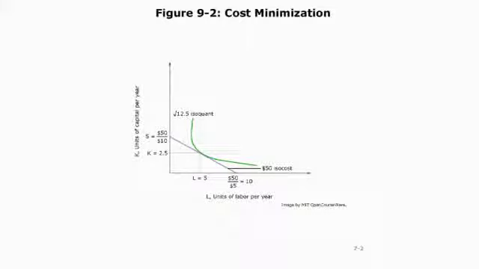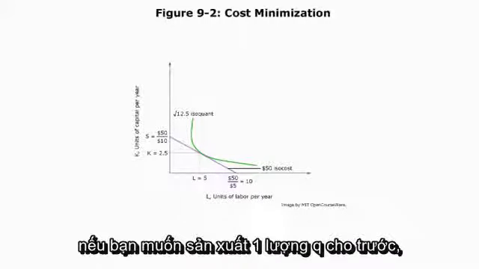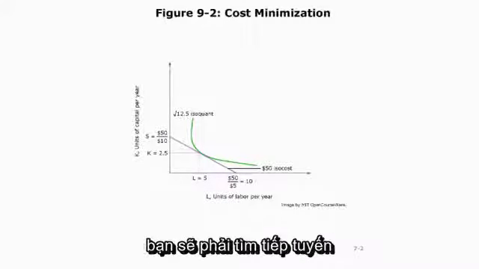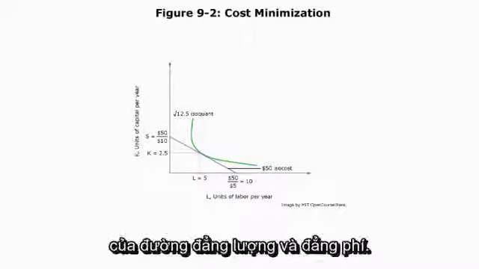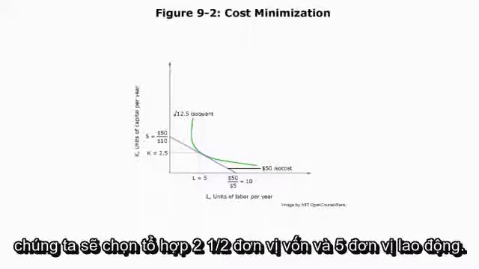If you want to produce a fixed amount of Q, you look for the tangency of that isoquant with the isocost, and the efficient way to produce that is to use 2.5 units of capital and 5 units of labor.